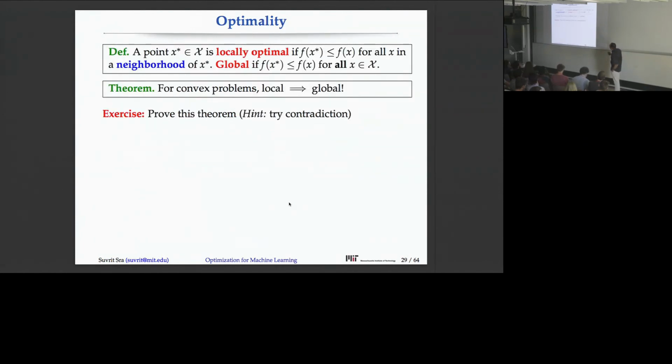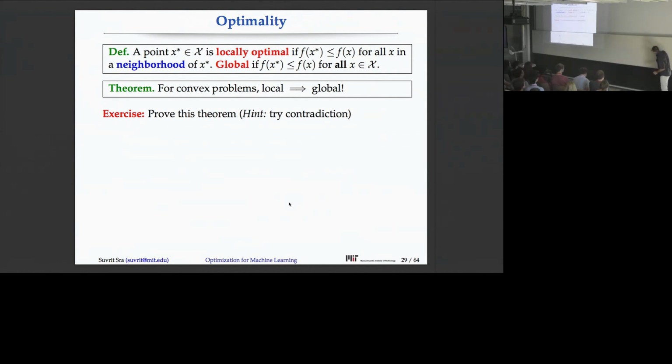So a point is called locally optimal if around it there is no other point with smaller objective function value. If over the entire set there is no other point with smaller objective value, it's called globally optimal. Of course, you can have more than one point which has the same globally optimal value, right?